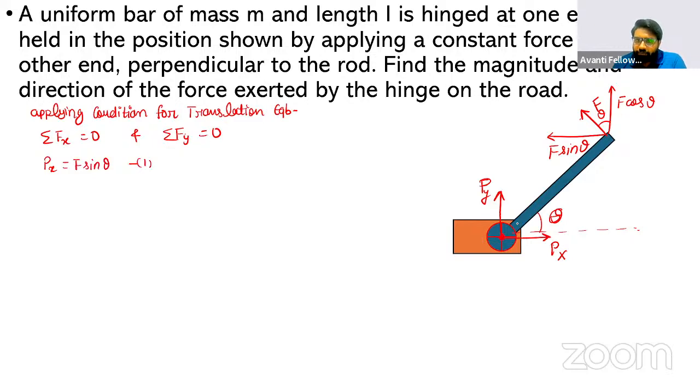And Fy direction में forces are Py plus F cos theta. So we can say that Py, but one of the another force is also here. And what is that? The weight of the rod, which is acting downward, mg. So Py is upward, which is taken as positive, minus mg is downward, taken as negative, plus F cos theta is positive in upward direction, so taken as positive.